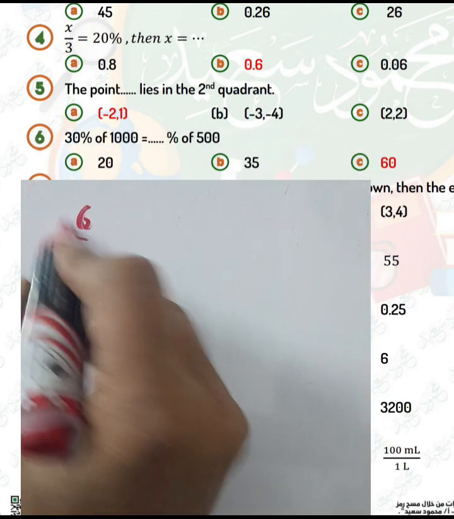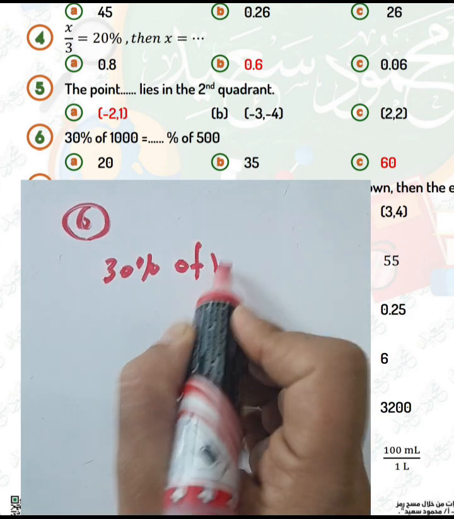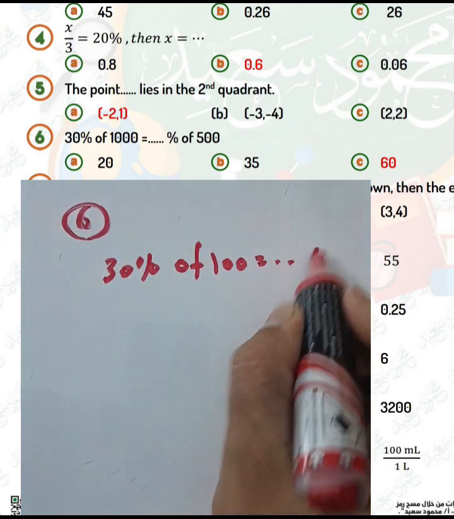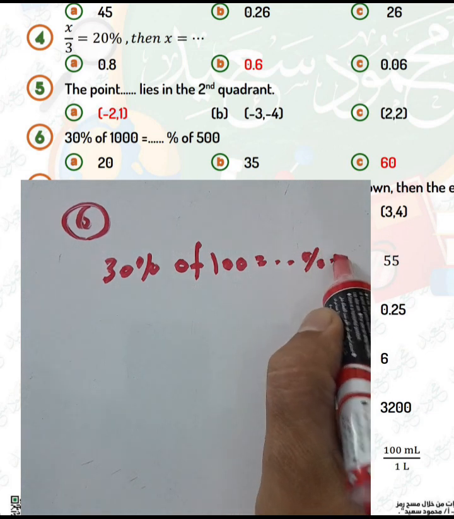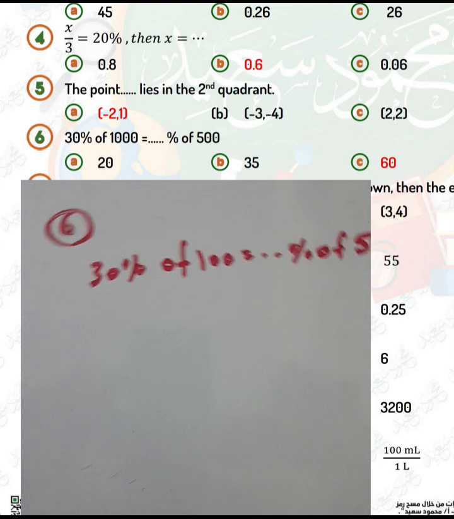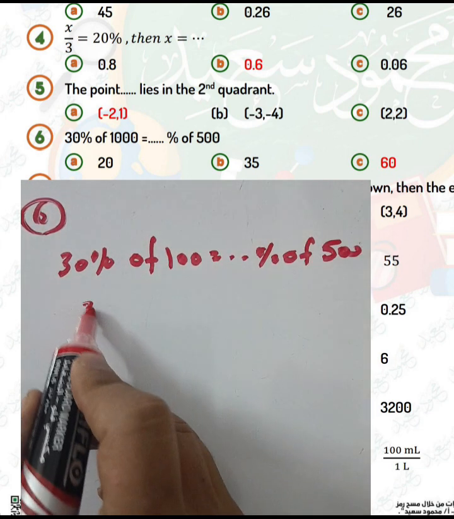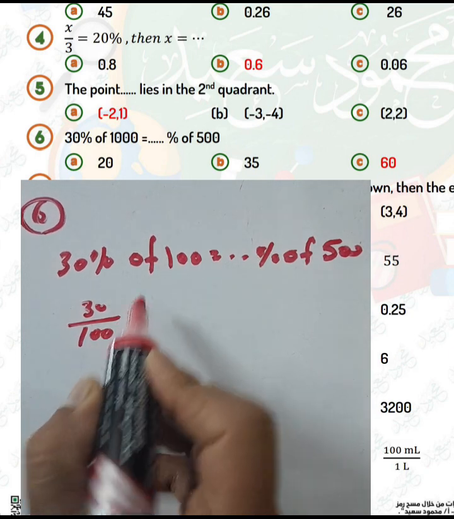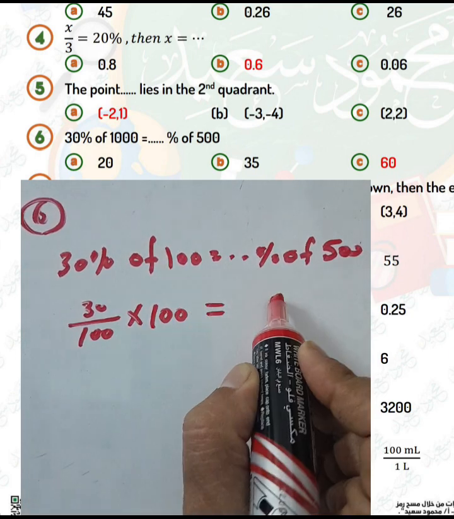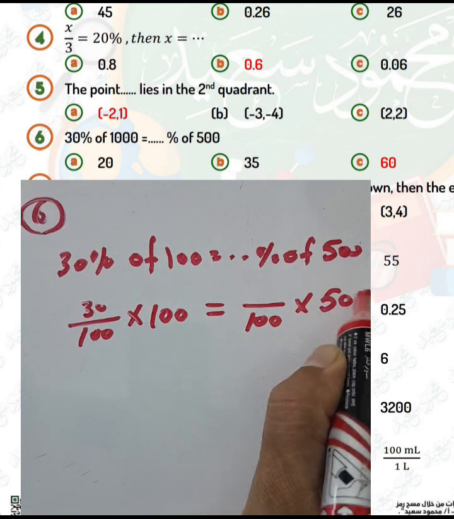Question number 6: 30% of 100 equals blank percent of 500. Who can tell me this example? 30% means 30 over 100 times 100. The blank percent means over 100 of 500.